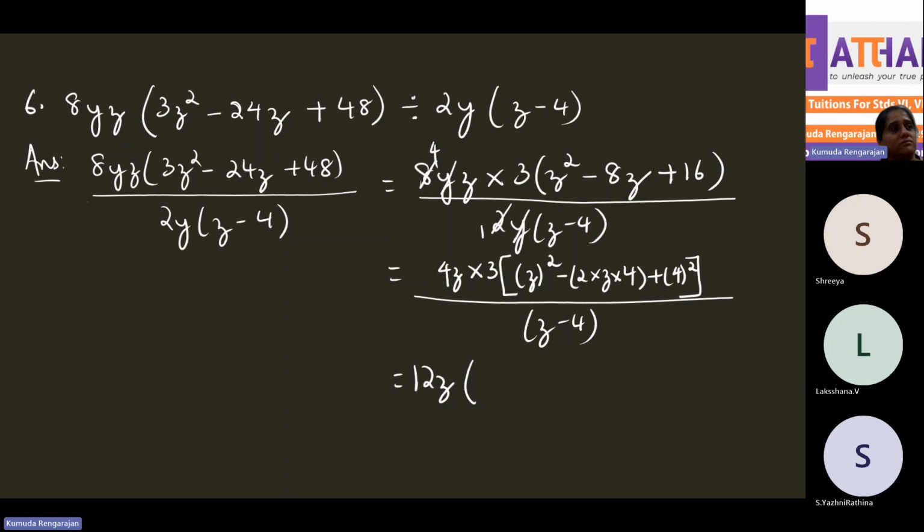Z square minus 2 into 3... No. Complete the identity, children. What is a square minus 2ab plus b square? Ma'am, a minus b the whole square. A minus b the whole square. So what is a here?